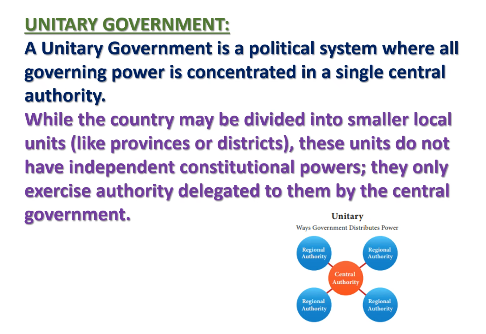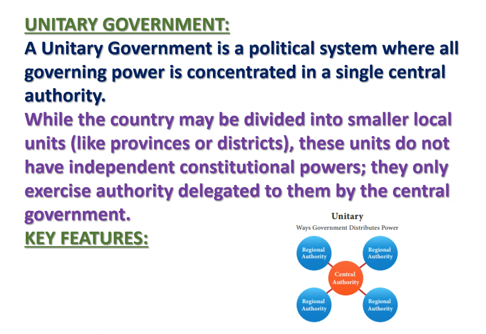While the country may be divided into smaller local units, that is provinces or districts, these units do not have independent constitutional powers. They only exercise authority delegated to them by the central government. Here in the unitary government, all the power is concentrated in the central government. All the other smaller local units don't have power, but they are subordinate to the unitary government.